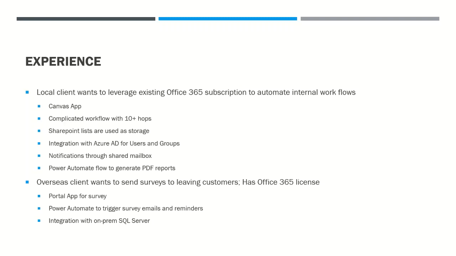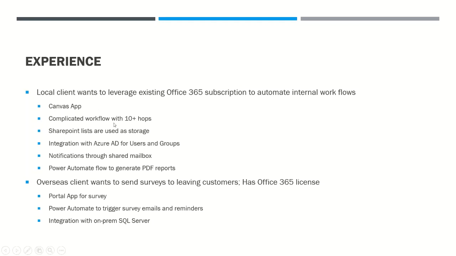So we looked at their requirement and we said that Power Automate is a non-UI, function-type connector solution and not an app, whereas you wanted to implement a complicated workflow. So we proposed that we will create a Canvas app for you.